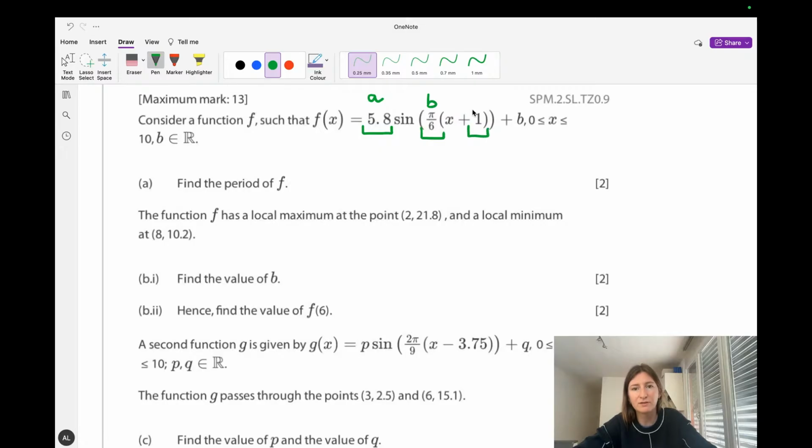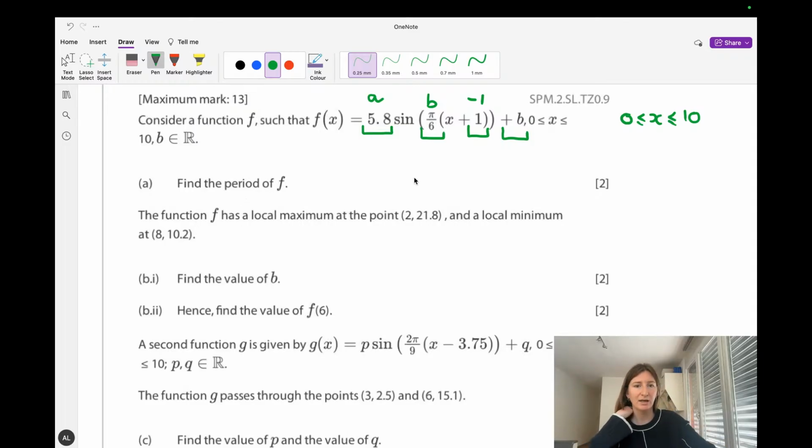Our phase shift is -1, because that's a +1, so it's -1. And D, they haven't given us D, our principal axis. So we'll need to find that out. And, sorry, this is a little cut off. We have that our graph is between 0 and 10. They've given us that. B is a real number. Thank you. So find the period of f.